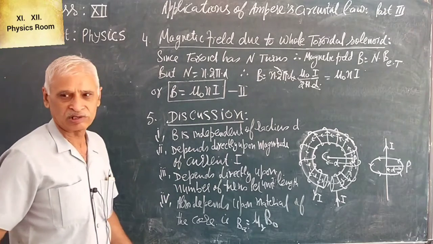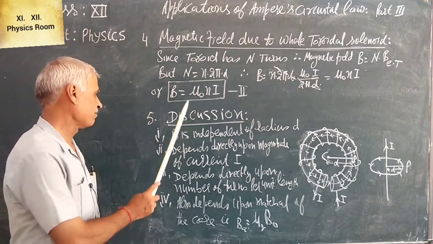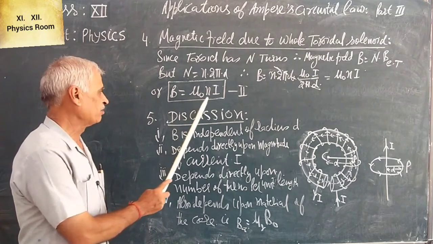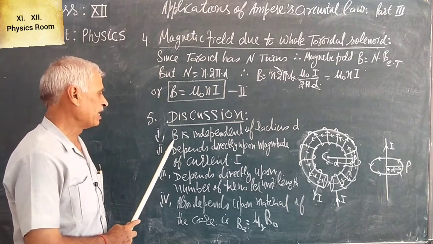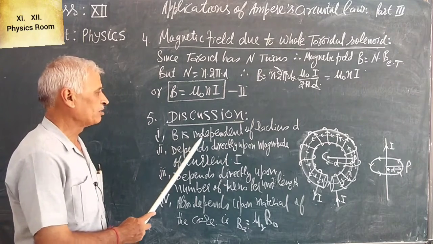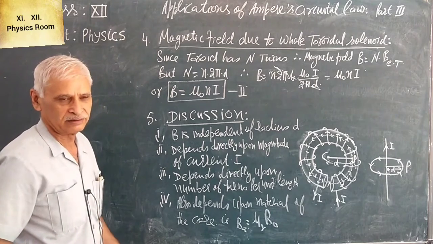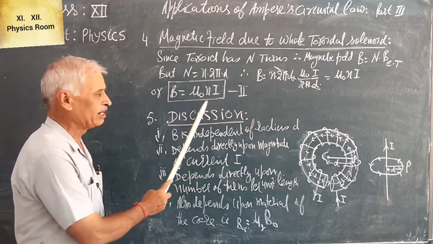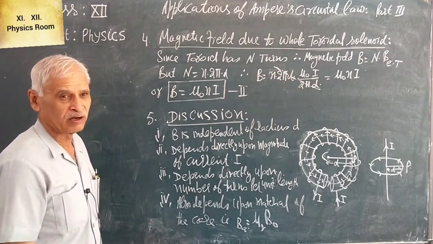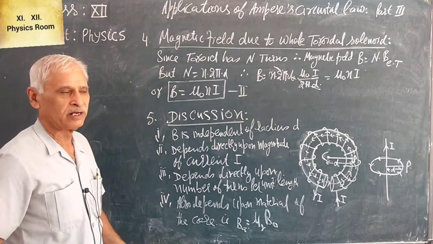Now we come to discussion on this expression. It is very clear from the expression that magnetic field B is independent of radius d of the toroidal solenoid. Here we don't see any d, so it is independent of the radius of the toroidal solenoid.